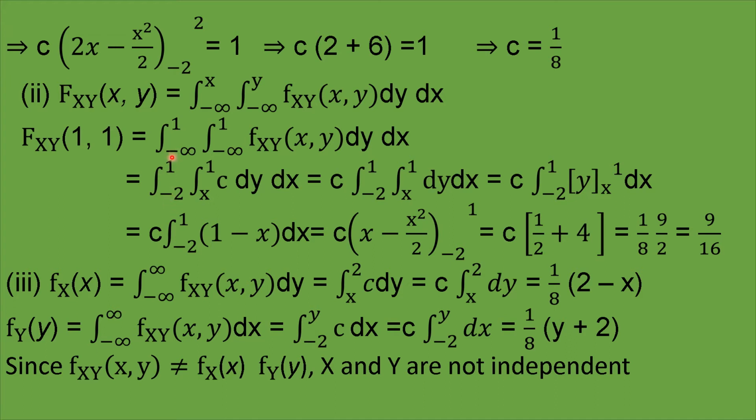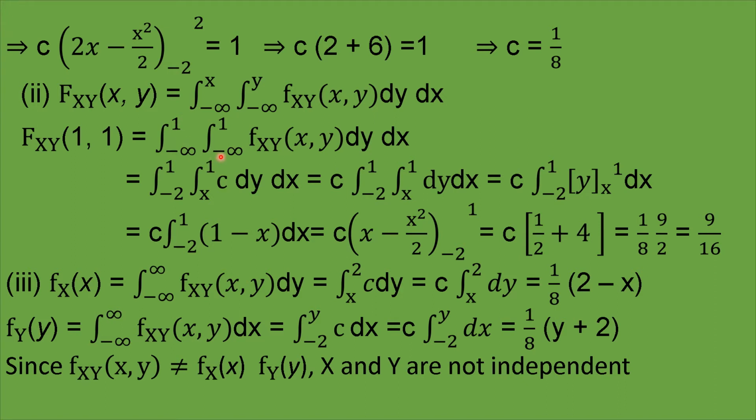For other values less than -2, you ignore it, because for those values fxy of x comma y will be 0. So that double integral becomes 0. So you take only those x values where the double integral remains non-zero. So lower limit you start from -2 to 1. Upper limit of x is 2, and this 1 is clearly less than 2.